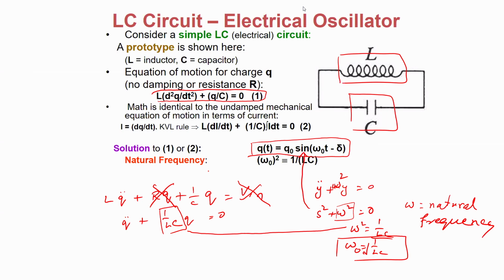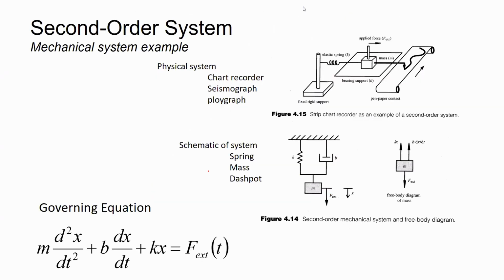Now, we are actually going to talk about the system. There are 2 or 3 key concepts. Number one, this is a mechanical system, a physical mechanical system. The first thing we have to do is the schematic of the model, which is like this one.